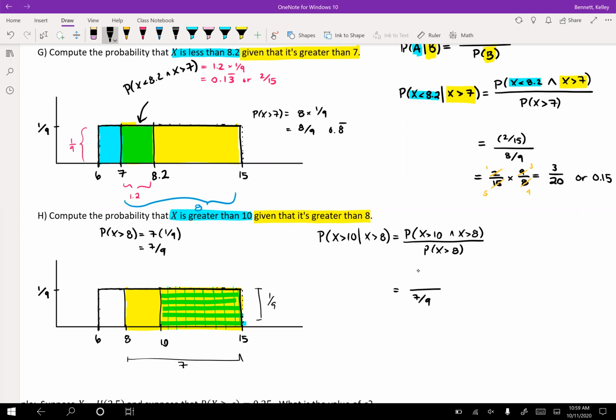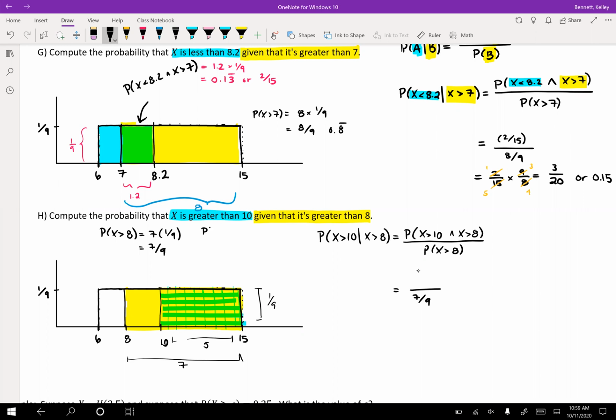All right, and I need to know the probability that x is bigger than 10 and x is bigger than 8. So that's where I'm going to have my blue shade and my yellow. So notice that the blue and yellow combine to make green. So I'm really looking at that green region. So the green region has width 5, height 1/9.